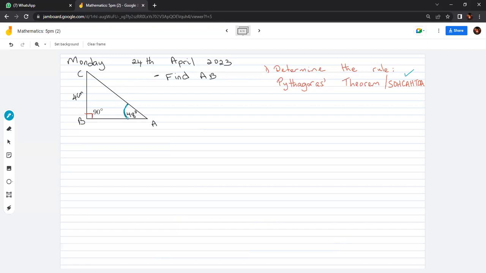So you determine your rule, and we've decided I'm given an angle, so it's going to be the rule on SOHCAHTOA. Your next step is that you are going to label your sides.